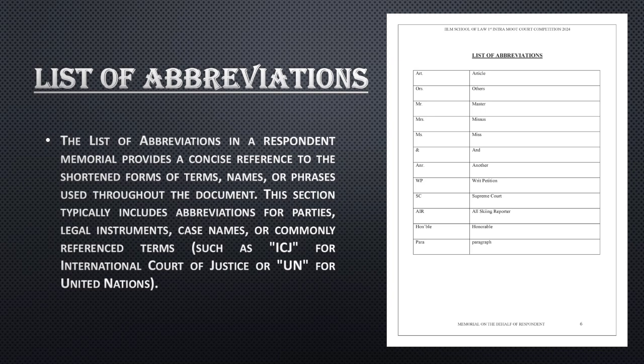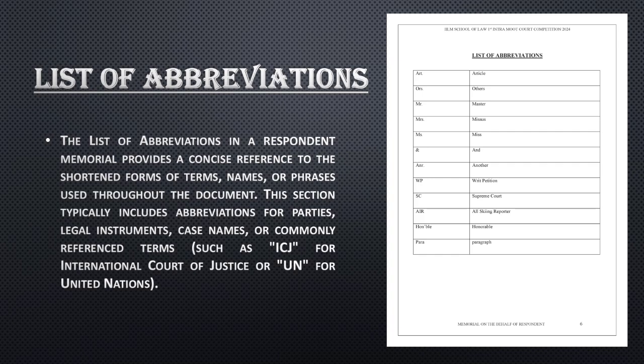So whenever any person get confused about that particular short form, they can definitely go through that particular column to know about the full form of that particular abbreviation. Like article के लिए ART use करा गया है, तो यहाँ पे ART short form लिख करके और उसका full form article लिख दिया गया है.